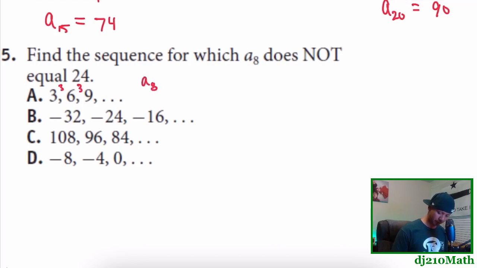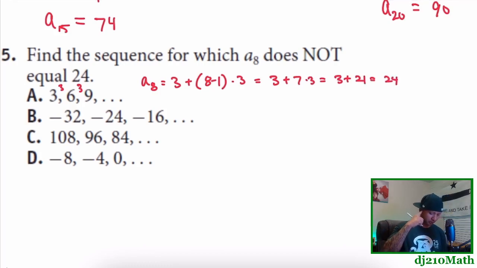So A sub 8 is equal to 3 plus 8 minus 1 times the common difference of 3, which is 3 plus 7 times 3, which is 3 plus 21, which is 24. So A does equal 24. So not A.